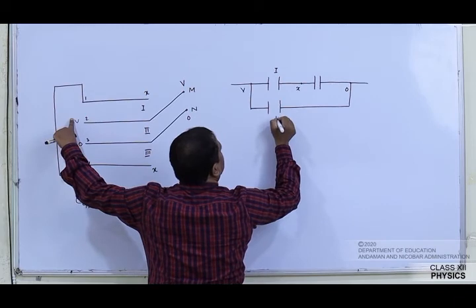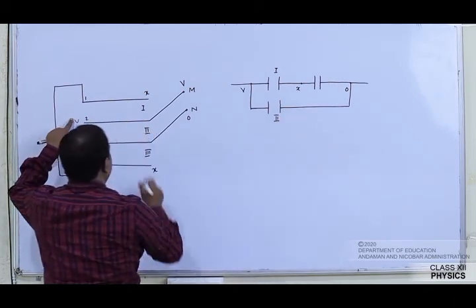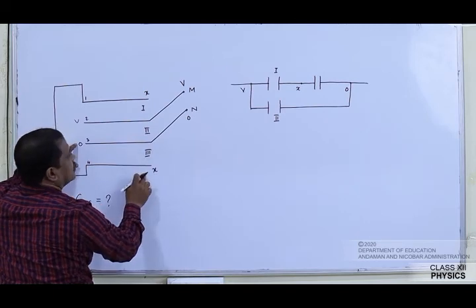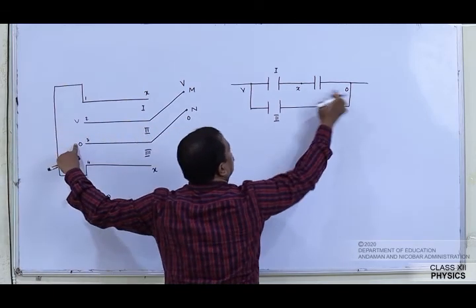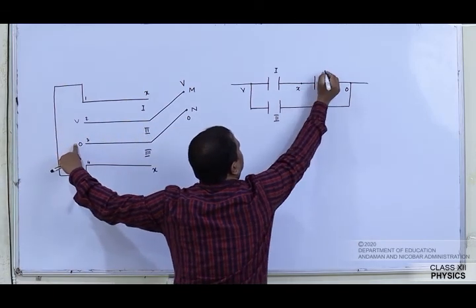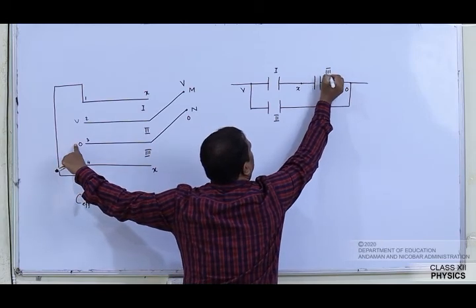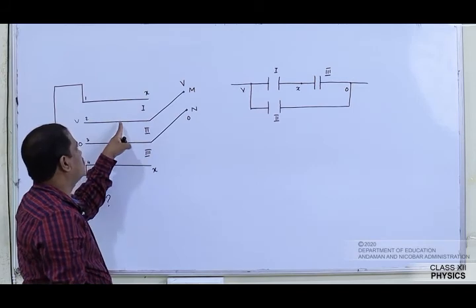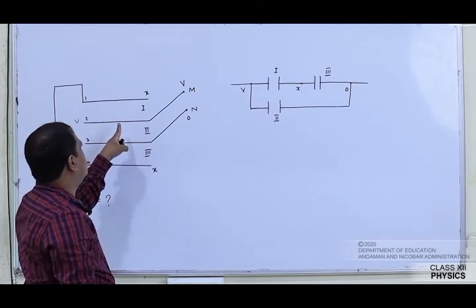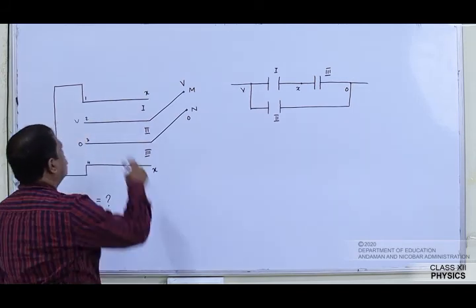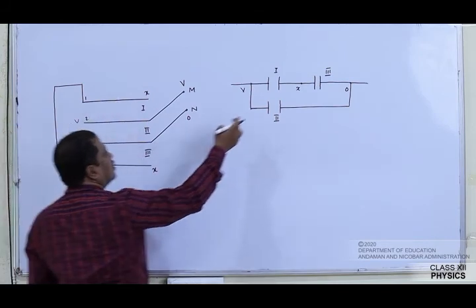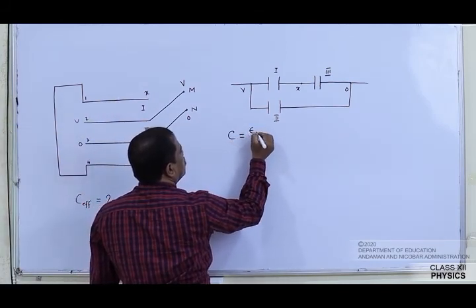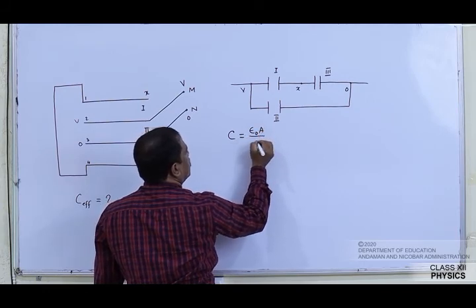The third capacitor is connected between 0 and X. As the separation between two consecutive plates is D, and area is A, and free space, each capacitor has a capacitance C equal to epsilon 0 A by D.